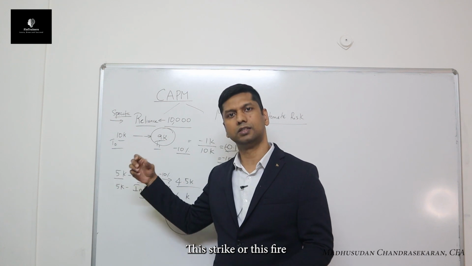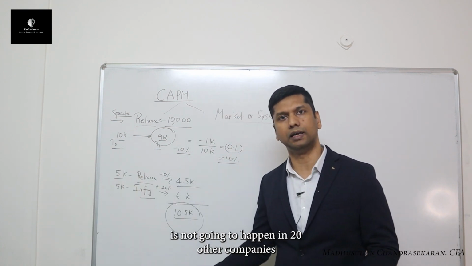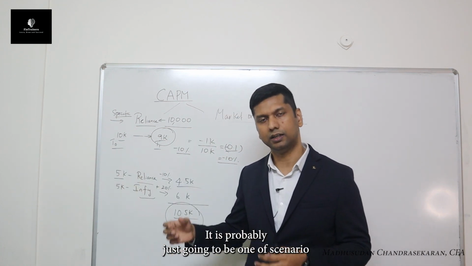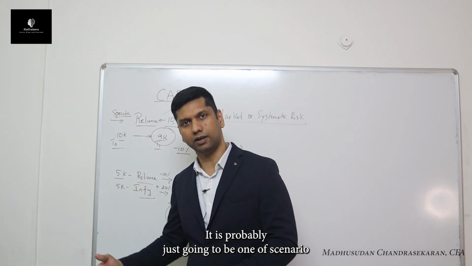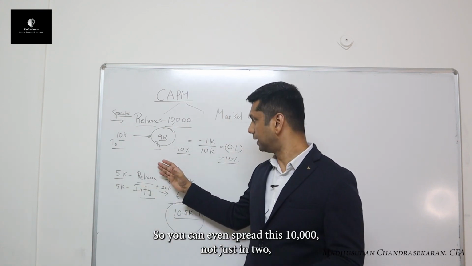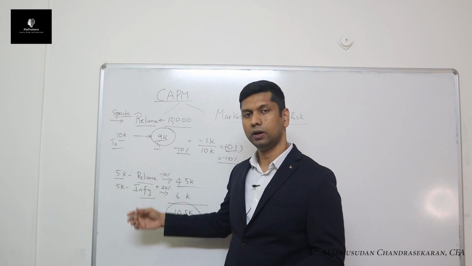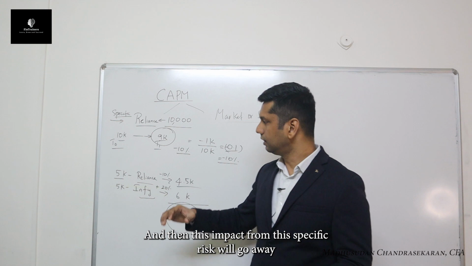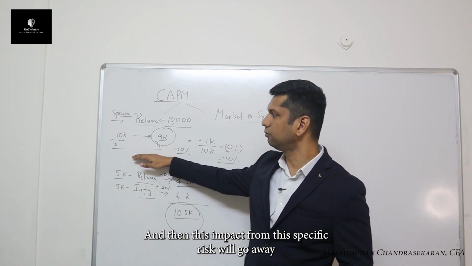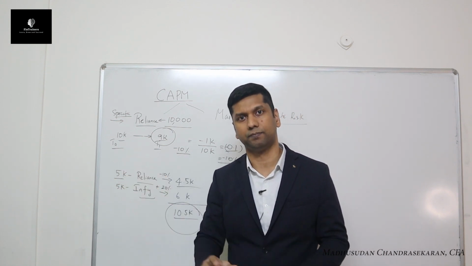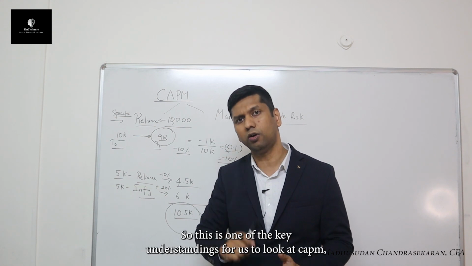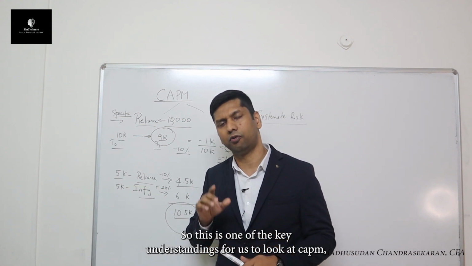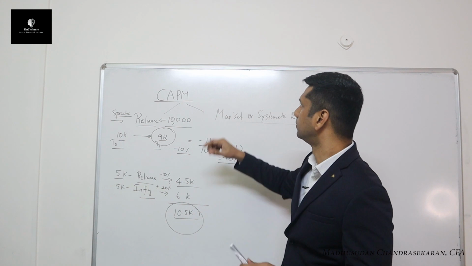This strike or this fire is not going to happen in 20 other companies. It is probably just going to be a one-off scenario. So you can spread this 10,000 not just in 2, but maybe 10 companies, 1,000 rupees in each, and then the impact from this specific risk will go away. This is one of the key understandings for us to look at CAPM.